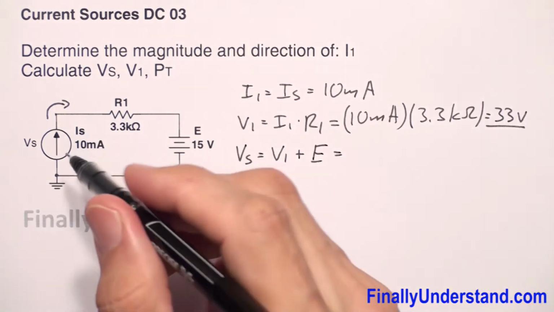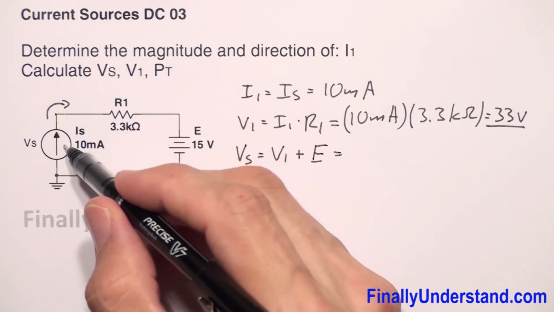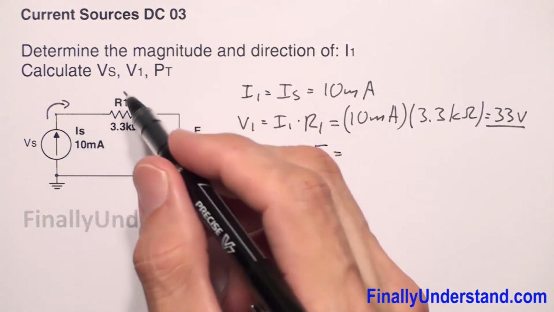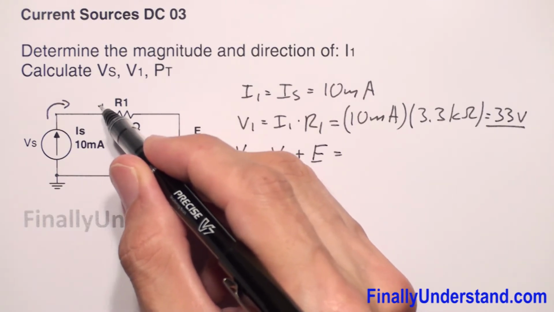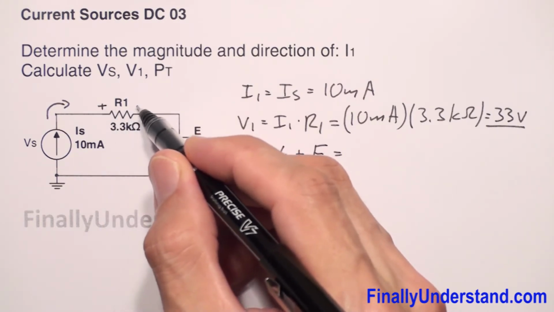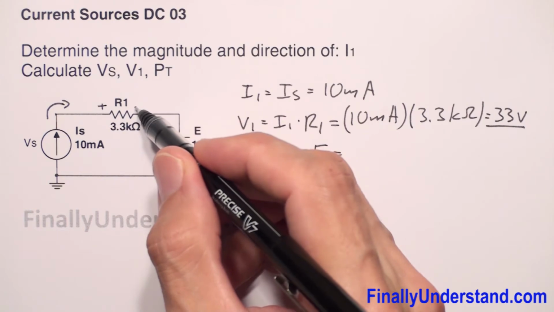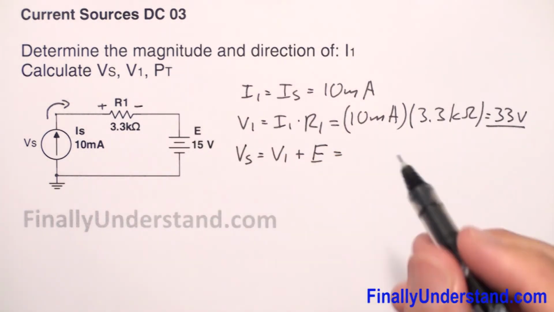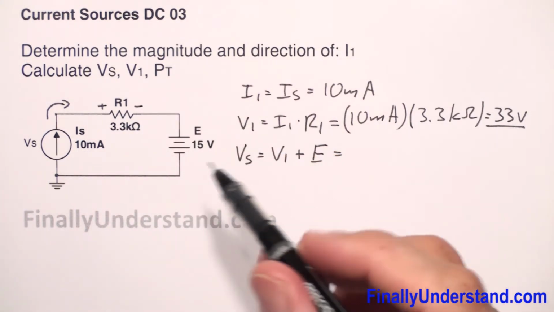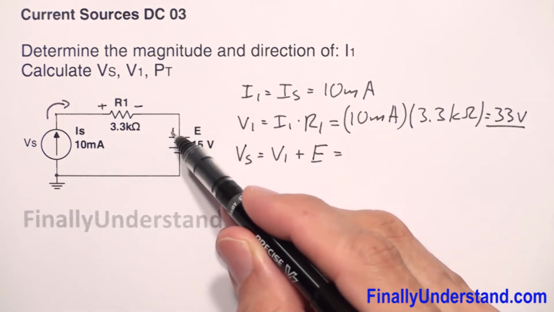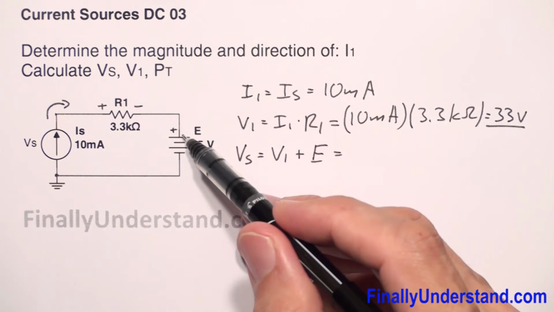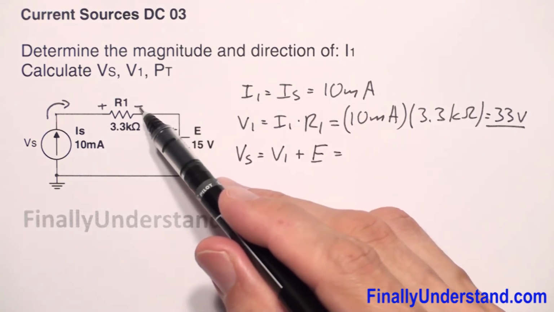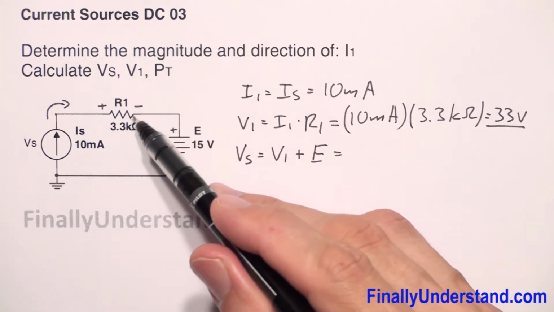Okay, please keep in mind that when current goes in this way, I'm going to write over here a positive sign, and when the current is leaving the component, we always write a negative sign. Okay, so simply please notice that the positive terminal is connected to the negative terminal of my resistor.